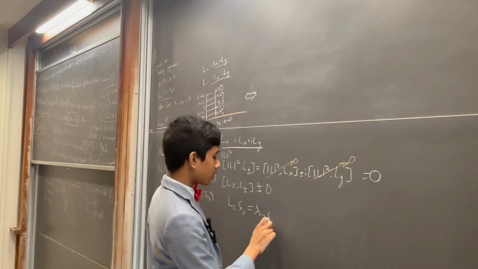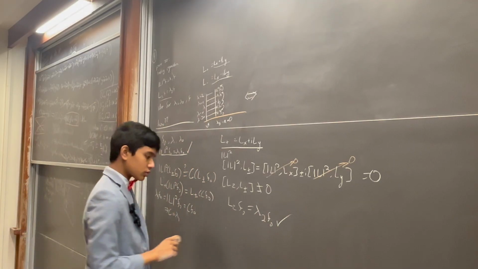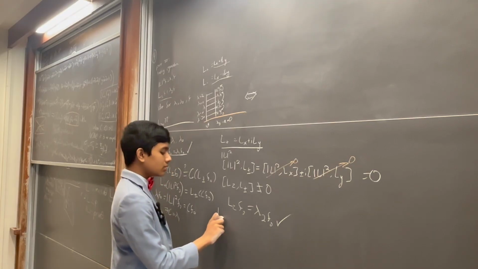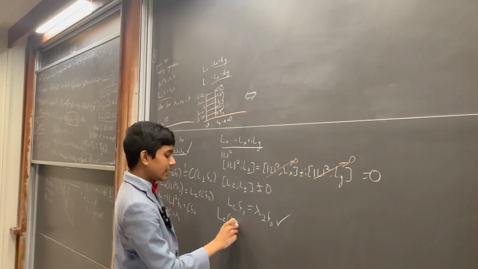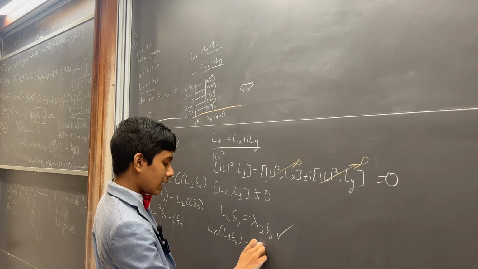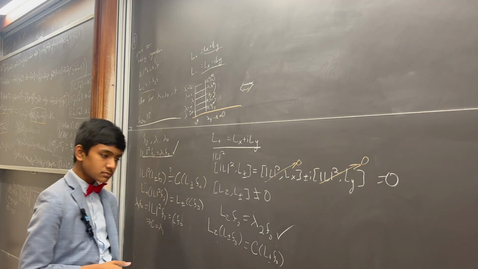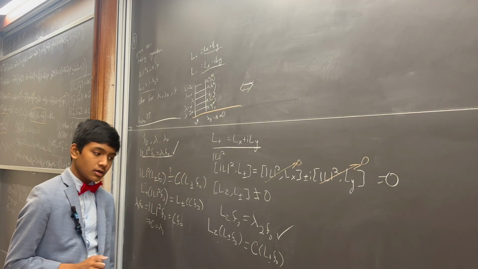We already know this is 100% true. That's another proof by assumption. Now, we want to know if LZ L plus minus f naught is equal to C L plus minus f naught for some C. Does this work?